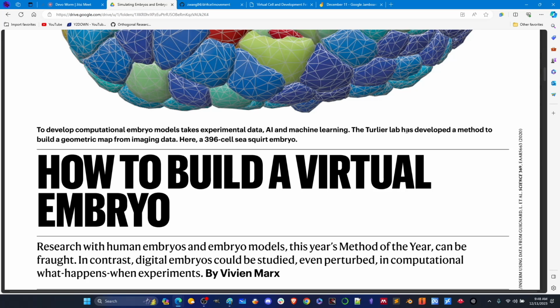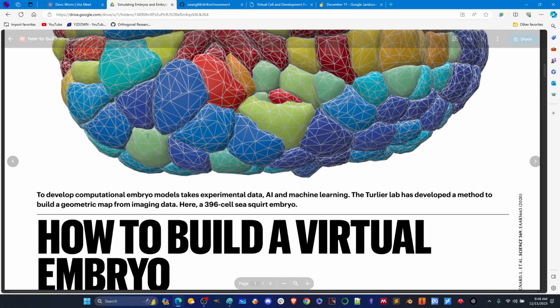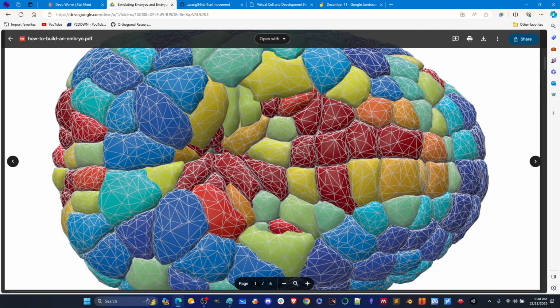The Turlier lab has developed a method to build a geometric map from imaging data. This is the 390-cell C-squirt embryo, which we've worked with the data on, but we haven't talked about it recently. C-squirts are a great model for looking at embryogenesis.